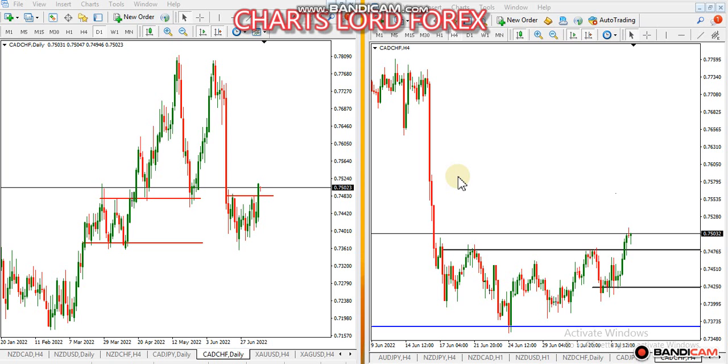The lower time frame gives me the little details and the breakdown of what is happening. The one on my left is the daily time frame, while the one on my right is the 4-hour chart. So we are going to look at this chart now.